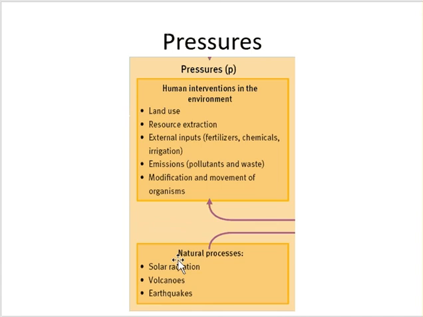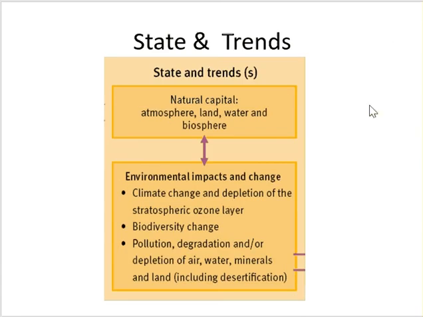with the natural processes. So the states and trends refer mainly to the natural capital, the atmosphere, the land, water, and biosphere. So this would be, what stocks of water do we have? What stocks of biodiversity do we have? How is the soil? What is the amount of timber that we have in an area?